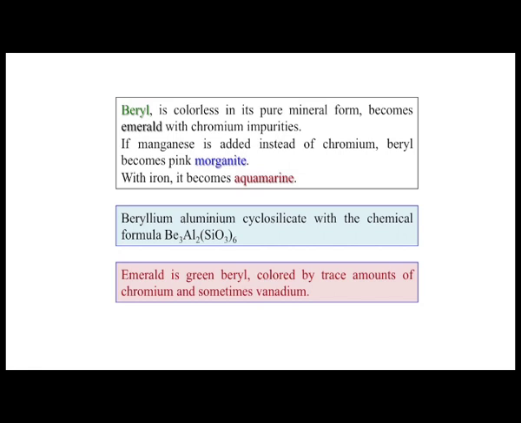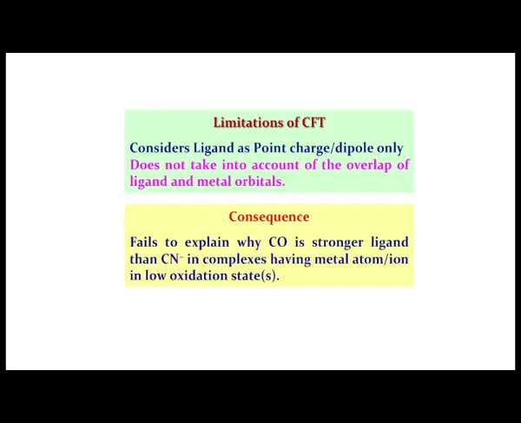So, 3d elements can be useful to substitute this aluminum, which is in the octahedral field, having comparable size. With this replacement, the emerald will give you a green coloration when we have a trace amount of chromium, and sometimes we can have vanadium also. So, this impurity in all these gems gives rise to the corresponding colors.